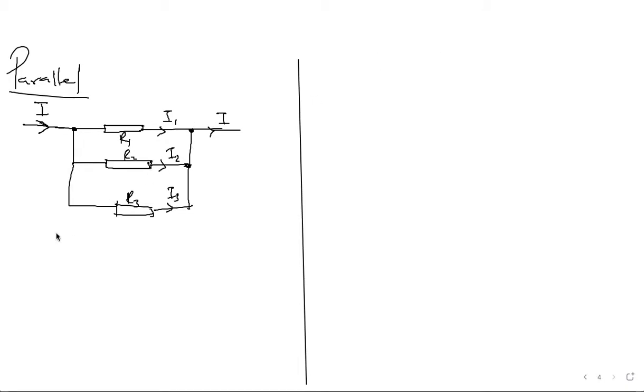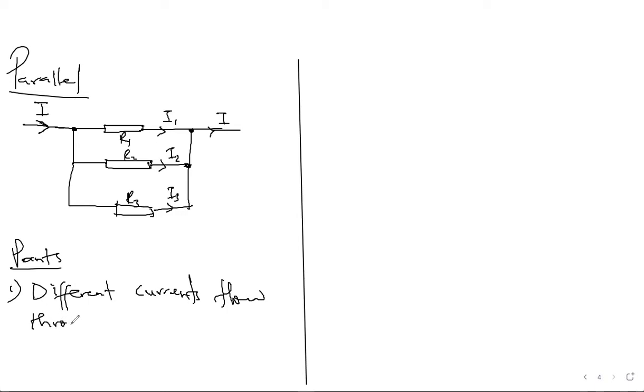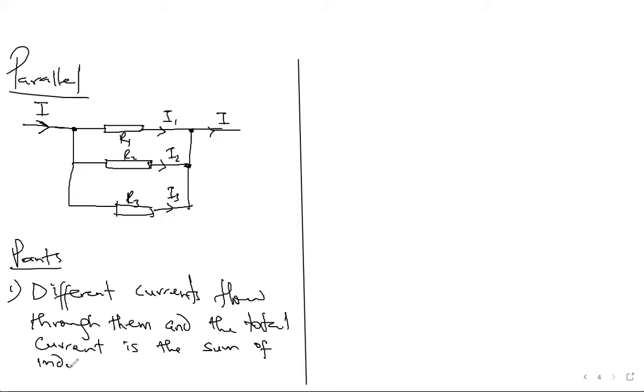Now, what are the points to note? One, when you have resistors in parallel, different currents flow through them, and the total current is the sum of the individual currents through each resistor.